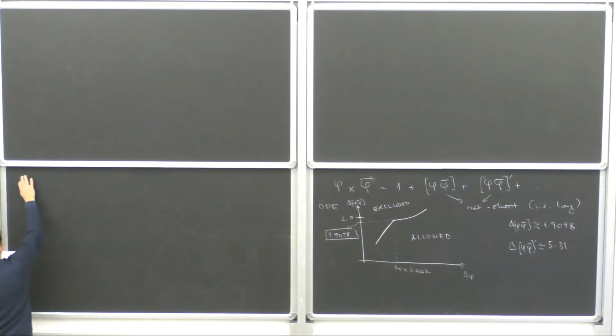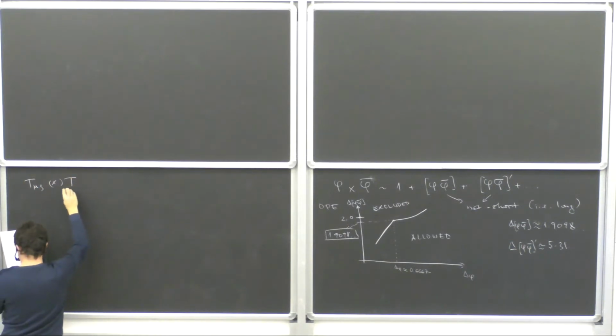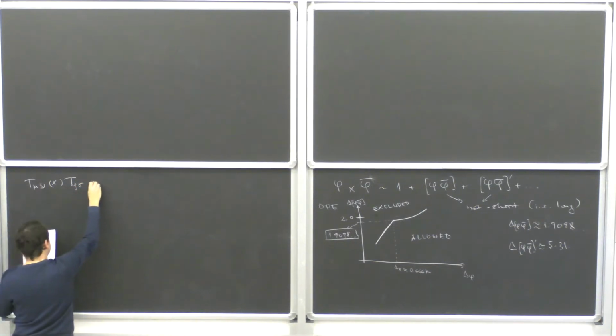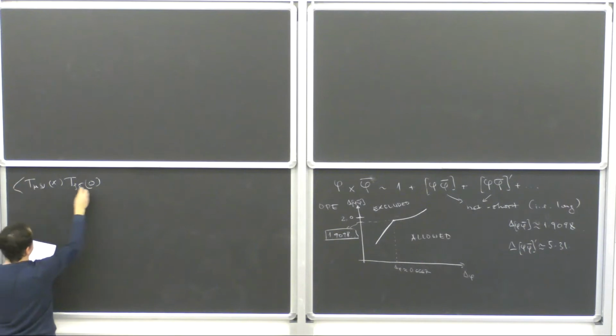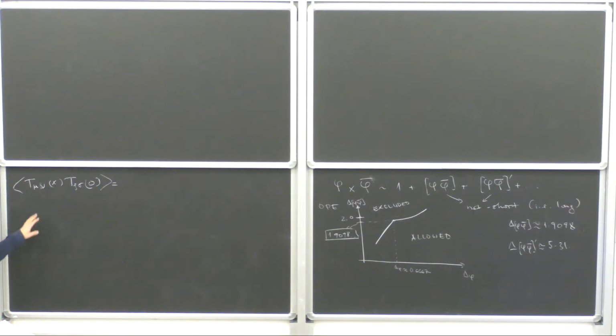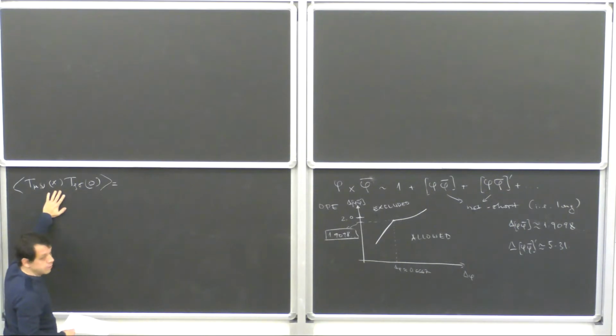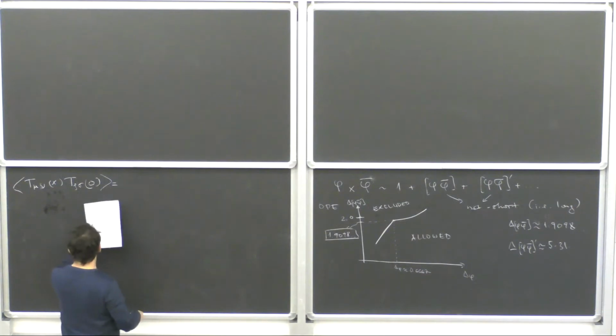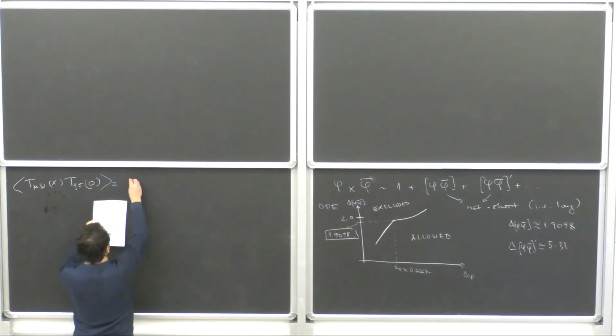Okay, so now I want to emphasize another observable, which I briefly mentioned. This is the 2-point function of the energy-momentum tensor. This exists in every CFT, and in some sense this quantity informs you how much energy you have in your system.